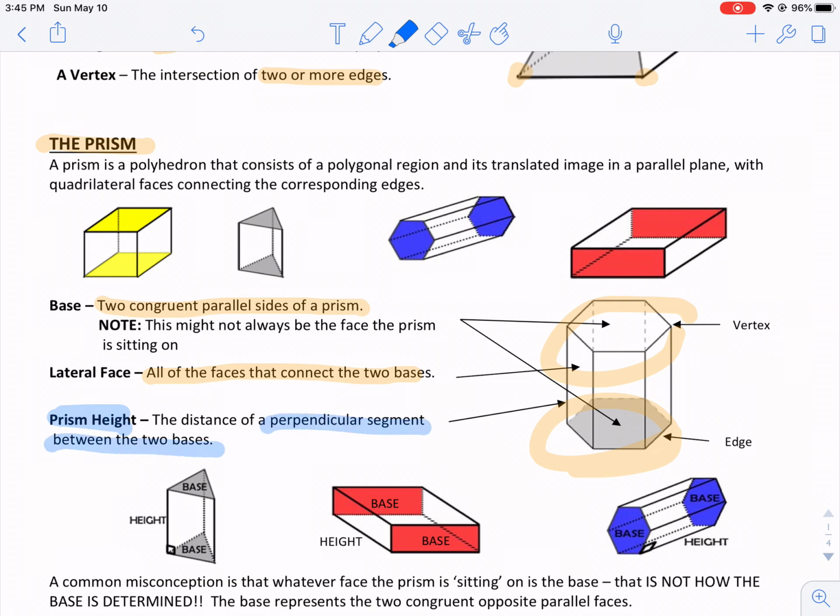When it's a normal prism like this, it's just that distance right there. For this one, it's that distance right there, since our faces are the front and the back. Once again, height depends on where it is. It's between our two bases. It's perpendicular, so it has to be a right angle.